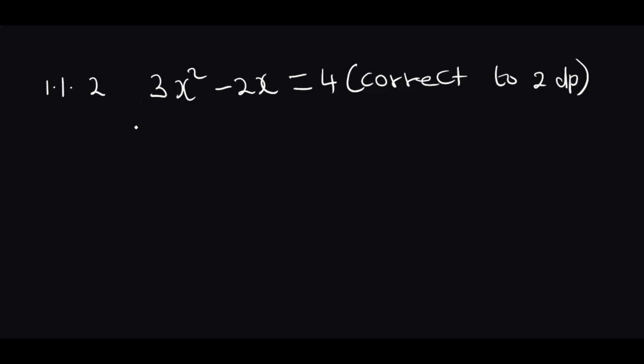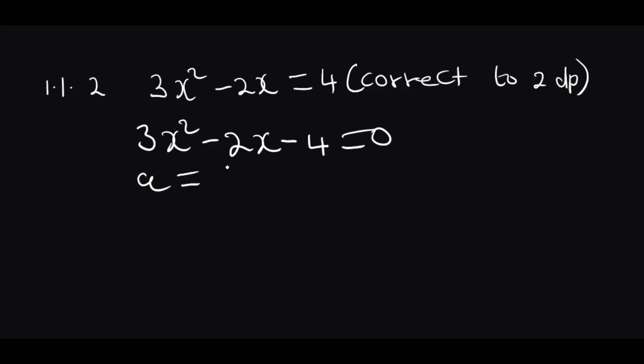We have 3x² - 2x, and we transpose the positive 4, and it will be -4 = 0. Now we know that a = 3, b = -2, and c = -4.